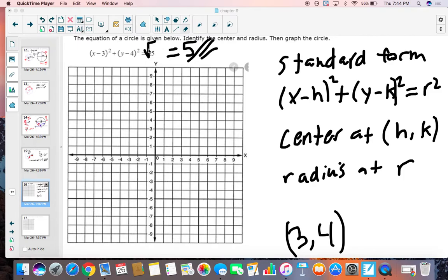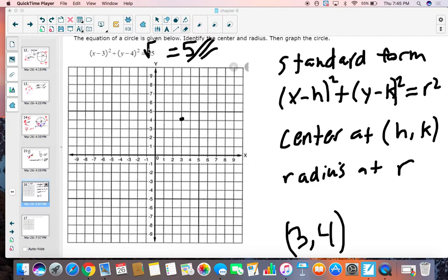All right, so now we found the radius and we found the center. Now let's graph it. I always think that we should start from our center. So let's find the point (3, 4) and put a dot. And then if we have a radius of 5, that means in every direction, count out 5.